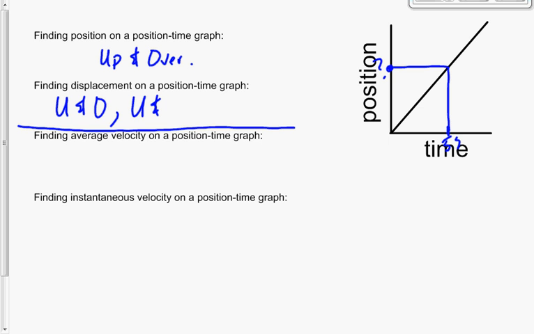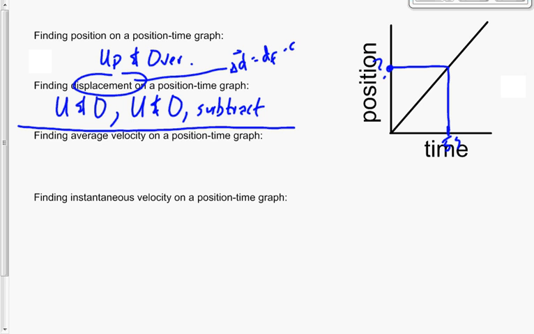again, then subtract them. Because displacement is simply the change in position, the final minus the initial position. So if we can find the position by going up and over, let's do that twice. Let's get the position twice and then subtract the two.